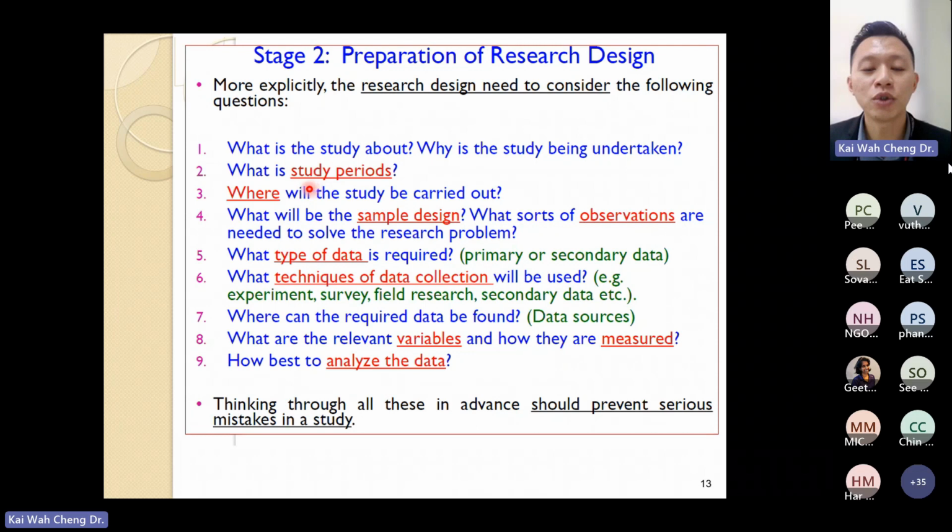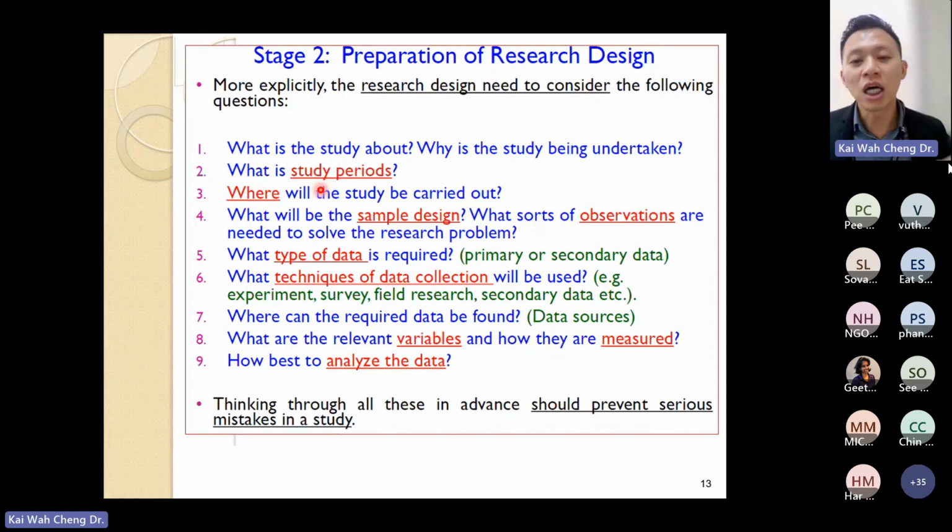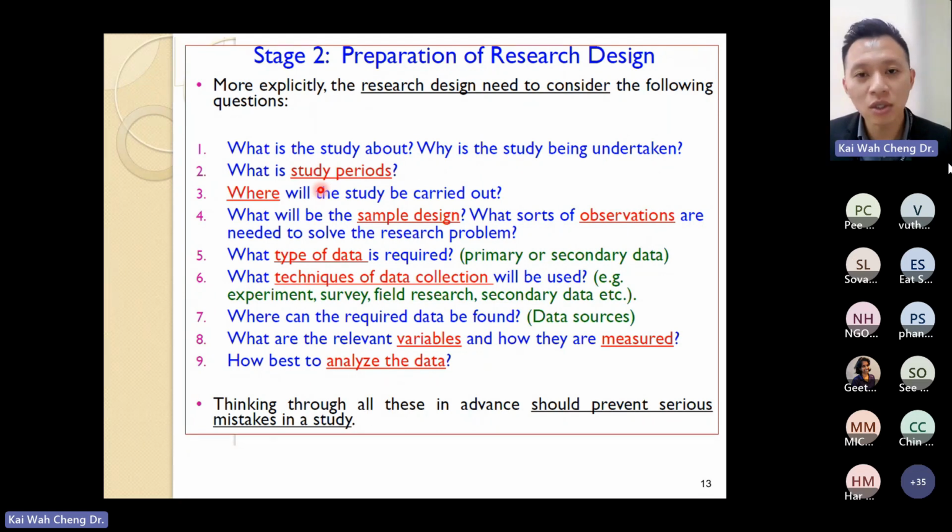Number 2, what is the study period? Just for your information, according to the guidelines given by the Malaysia Ministry of Higher Education, MOHE or KPT, under a normal situation, a Master of Science student should complete their studies within 2 years.